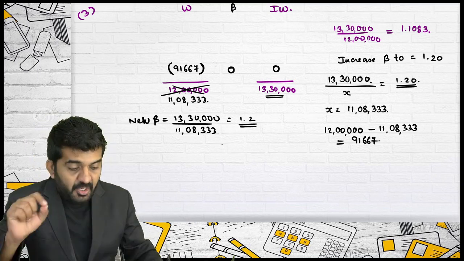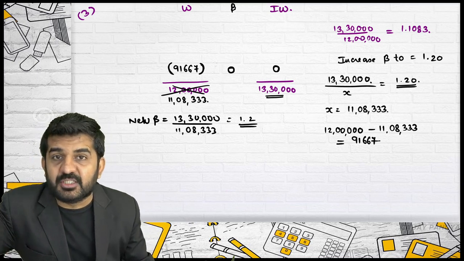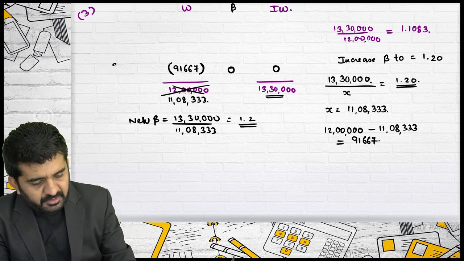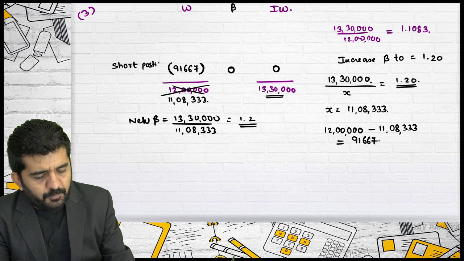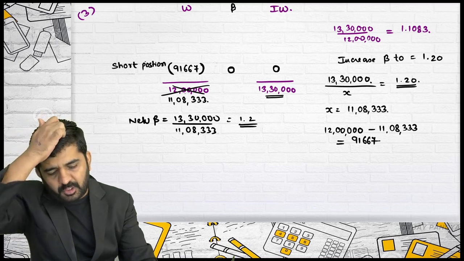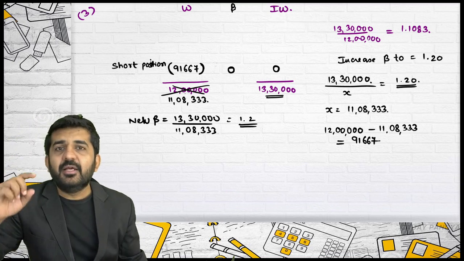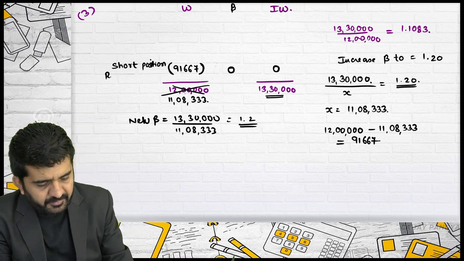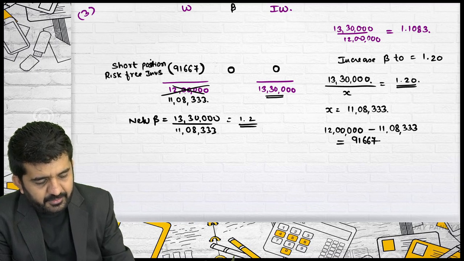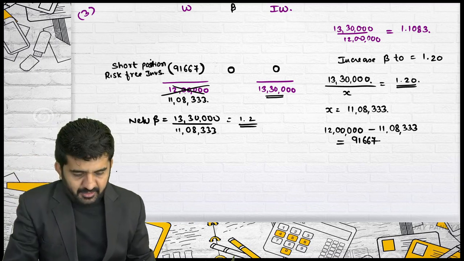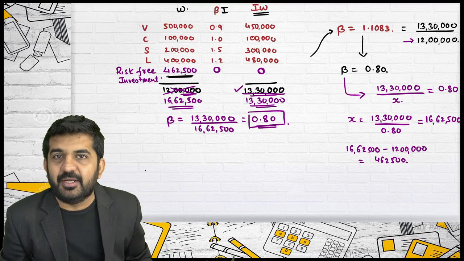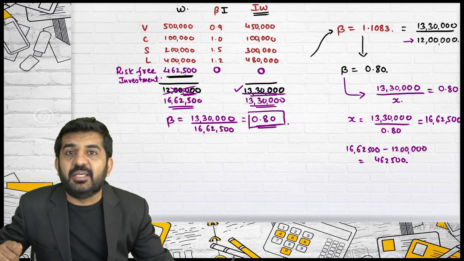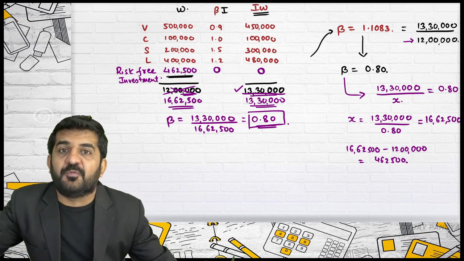That's all. Now what is this and why I have done this, I will tell you. This is nothing but a short position. We all know short position, right? A selling position in risk-free investment. See, this was a purchase position in risk-free investment: invest this much money in a long position in risk-free investment.